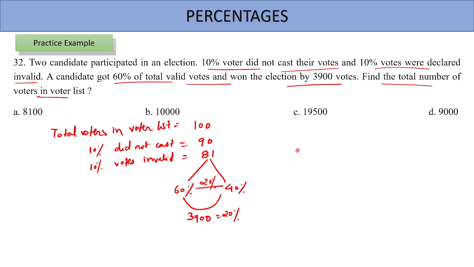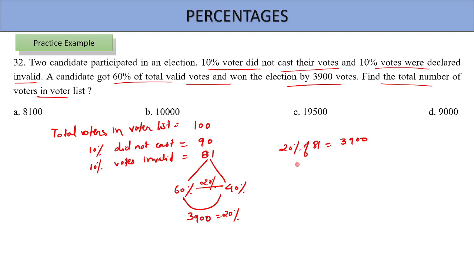We have to find the total number of voters in the voter list. So this 20% is effectively of this 81. This difference is 20%. This 60% is of 81, this 40% is of 81, then this 20% is also of 81. That is 20% of 81, I am getting 3900.